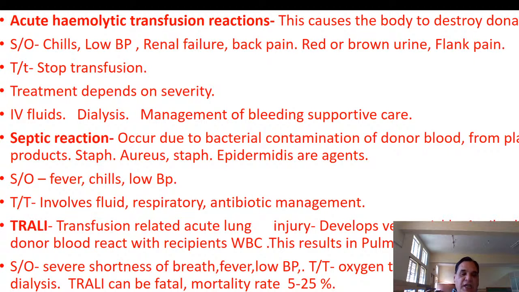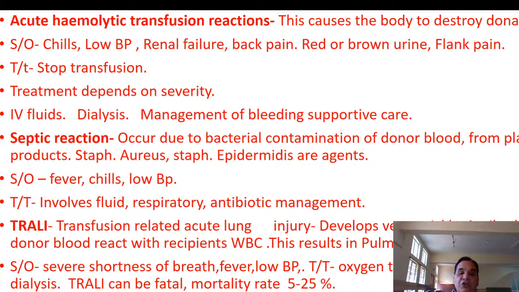This is TRALI, it is a transfusion-related acute lung injury. It develops very quickly. Antibodies in the donor blood react with recipient WBCs, and what will it result in? Pulmonary edema.